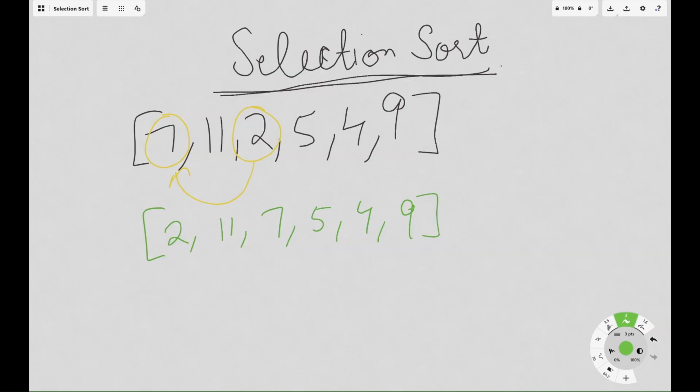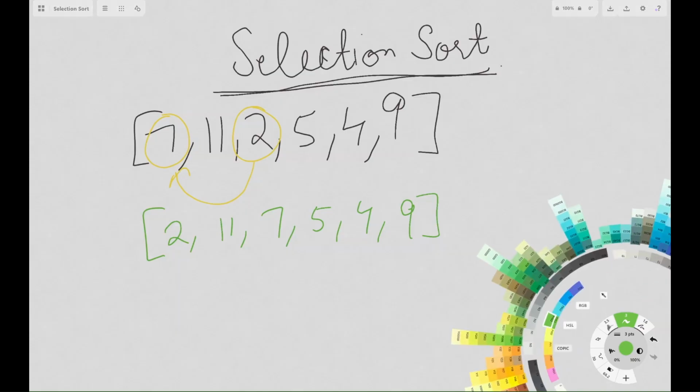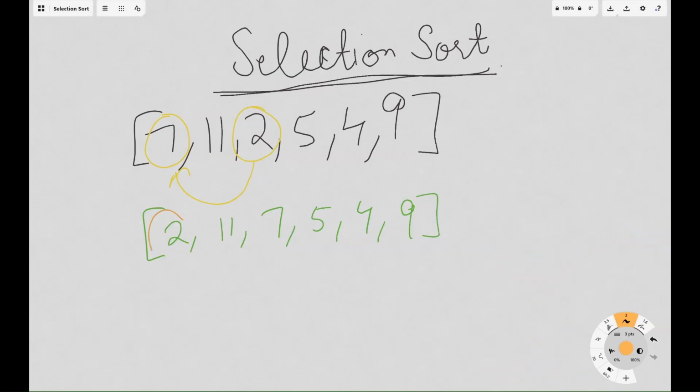Now from the array perspective, we know that our element 2 is at the correct place. This is the smallest element in the array, and now it is at the first place, so that's correct. Now we have to consider this subarray and pick the smallest element from it, and the smallest element is 4.